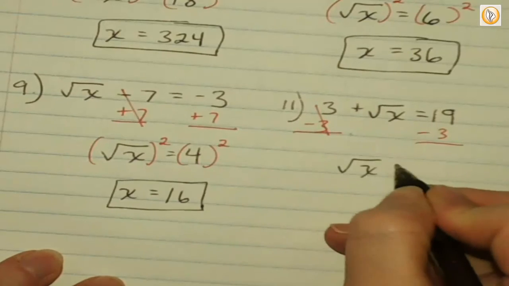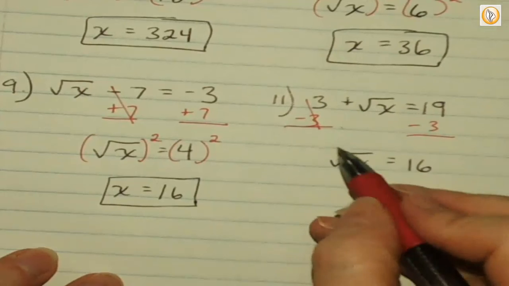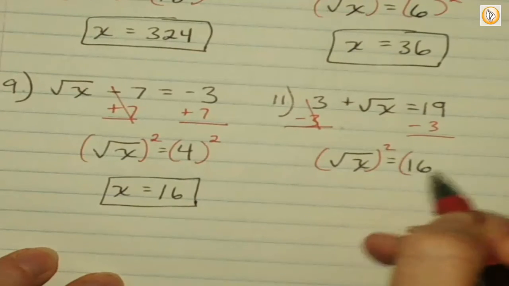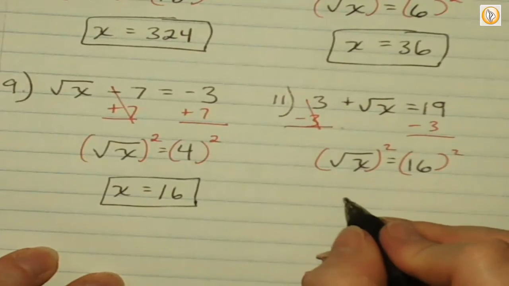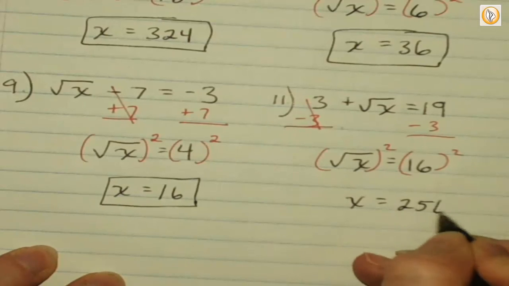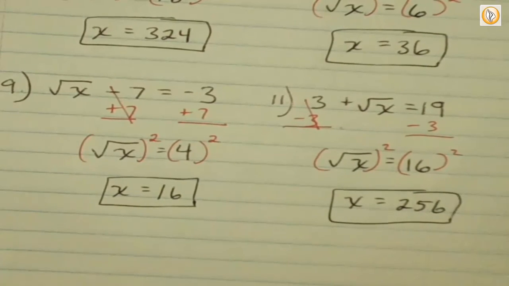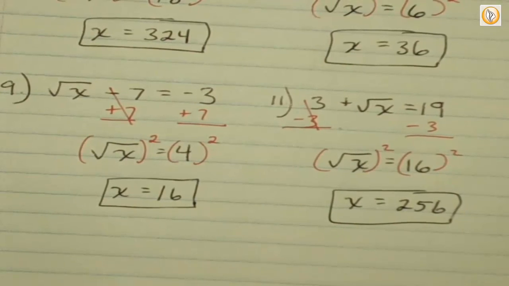Radical x equals 16. Tell me what to do. Square it. Tell me what to write. And x equals 256. Saved y'all some time. Any questions so far? Let y'all write that down.